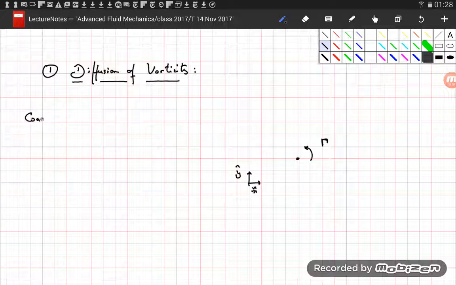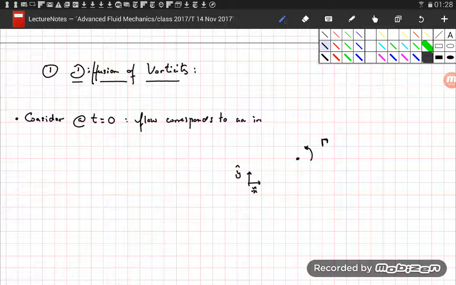Consider that at time equals 0, the flow field is the flow field of an irrotational vortex.